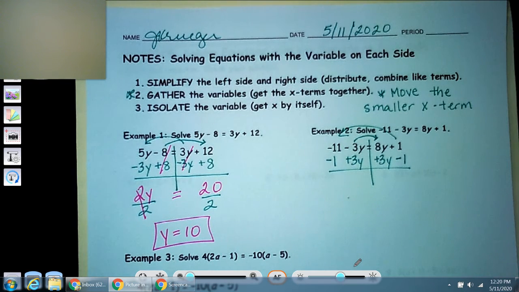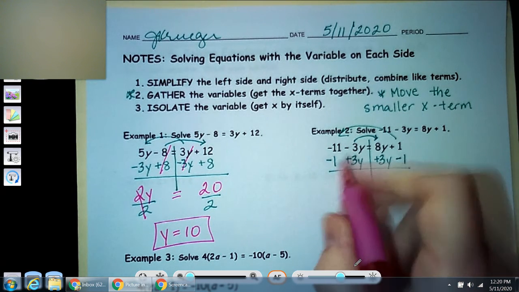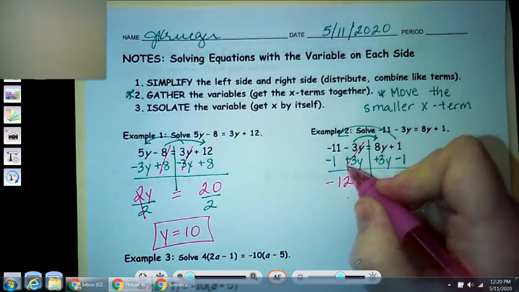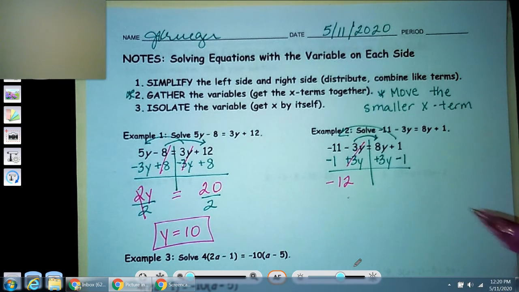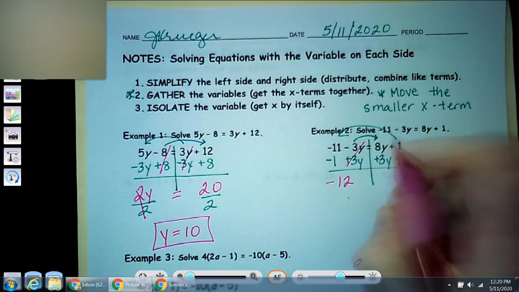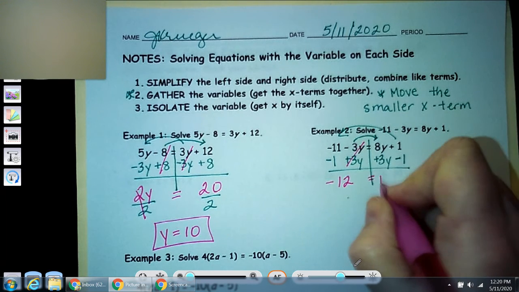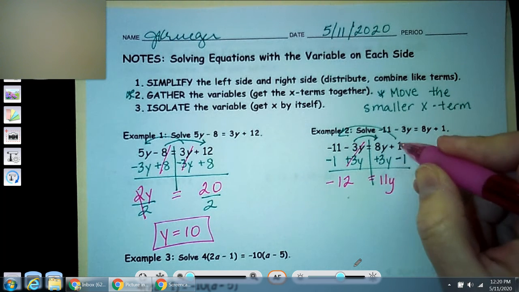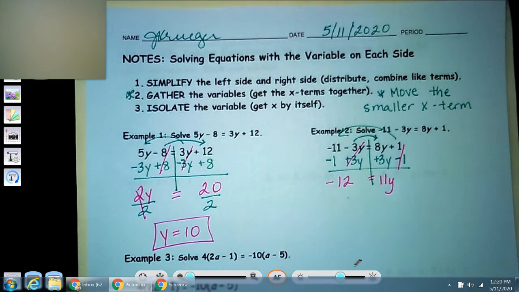And now I'm going to simplify. Negative 11 minus 1 gives me negative 12. Negative 3y plus 3y cancels out. 8y plus 3y is 11y. And 1 minus 1 cancels out.